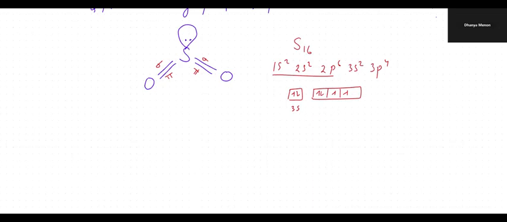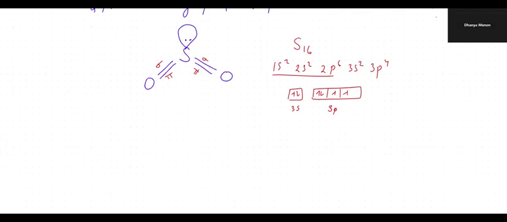In the previous video I had said that bonding takes place only when there are unpaired electrons. For sulfur, in the 3p orbital there are only two unpaired electrons, but it is forming 4 bonds. For forming 4 bonds, it needs 4 unpaired electrons, so this is not possible here, because it has only 2 unpaired electrons.